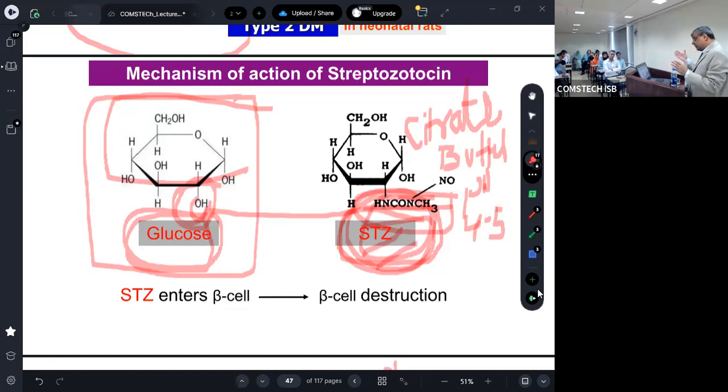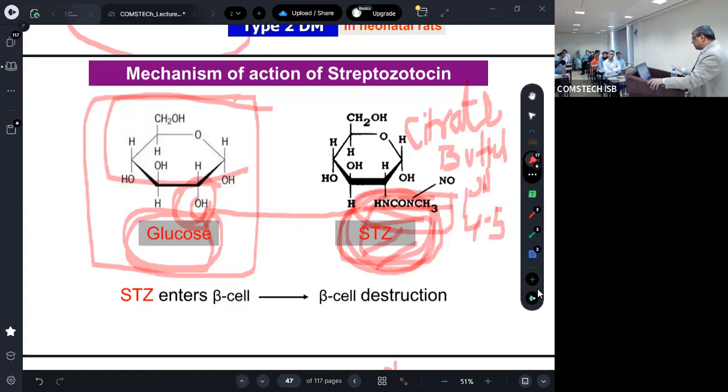To run an experiment, a certain number of animals is needed. If you consider a 20% mortality rate up to the end, then you need more animals. These are the tips and tricks and practical applications: how to manage it and make it a higher success rate to develop diabetes.